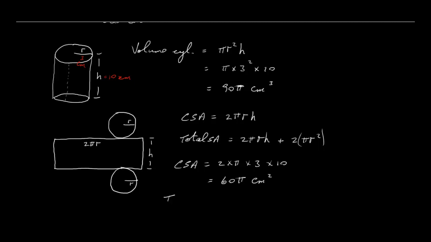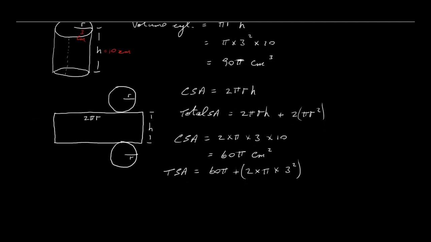Our total surface area is just going to be equal to our curved surface area, which is 60 pi, plus 2 times pi times r squared, which is 3 squared. Our radius was 3, so we're adding on our 2 circles here. So what do we get there?